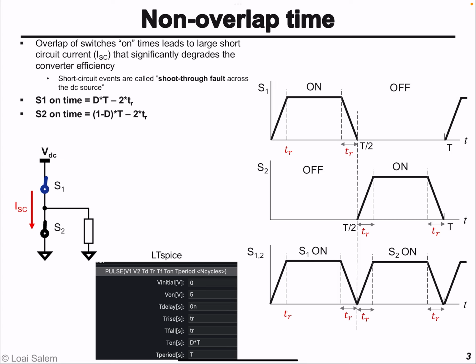First, I would like to clarify something about setting clocks on pulse signal in LT-SPICE. So, if we're going to operate the buck, we have two switches, S1 and S2.